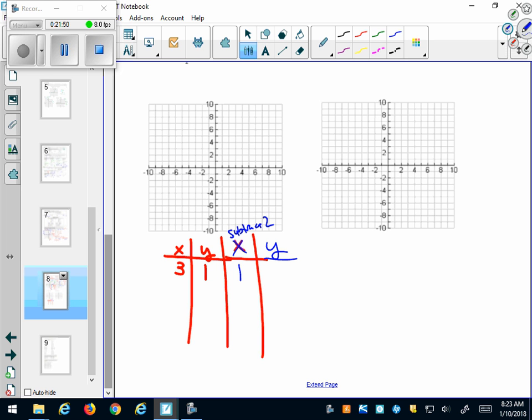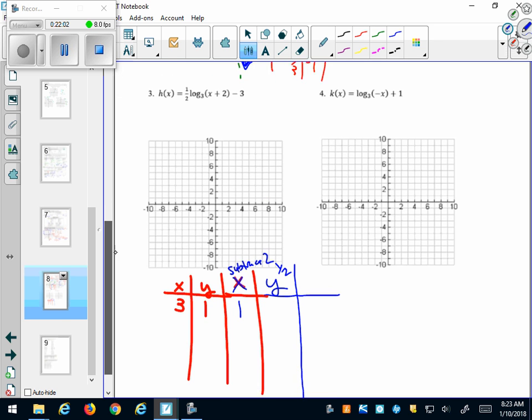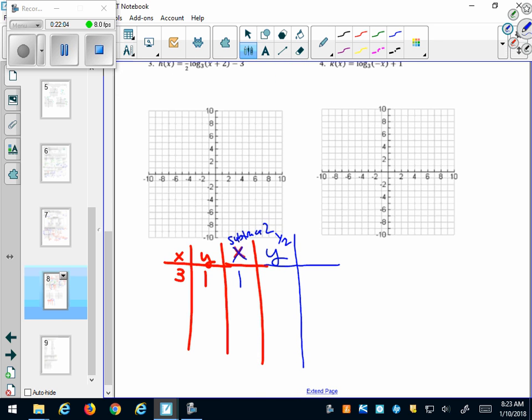Well, what's the new y? Well, the new y, if we take 1/2 of it first, and then this is going down 3, right? So we have to subtract 3 again. So the old y was 1. Take half of it, what do you get?